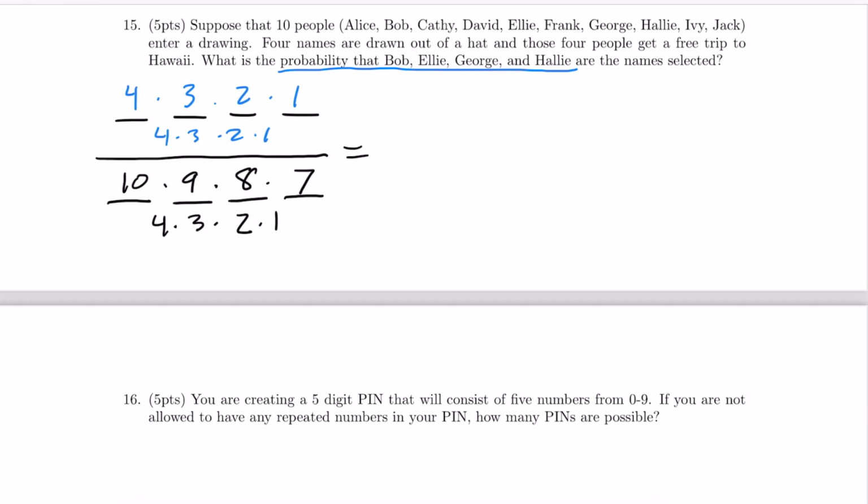So 1 divided by 210 gives you a decimal of 0.004761, which can be rounded. So that's the probability that you specifically select Bob, Ellie, George, and Hallie. And that's how you would do question 15.